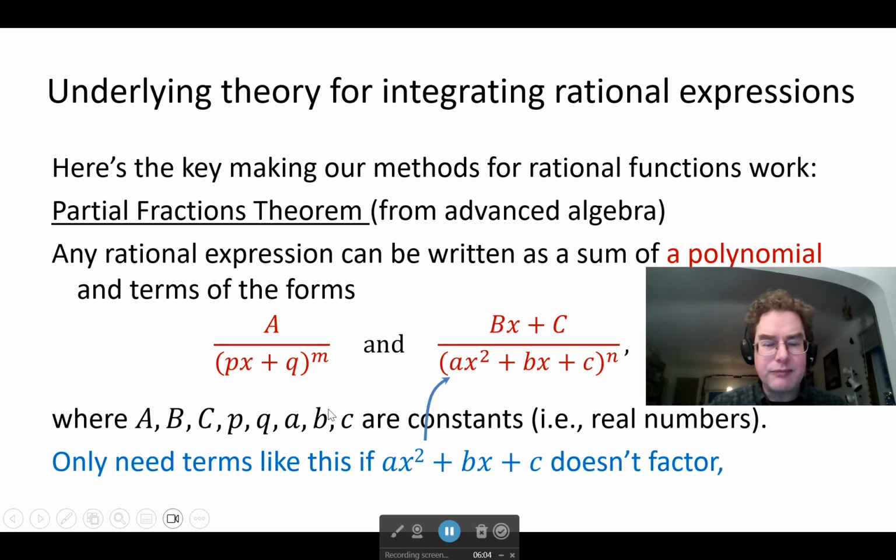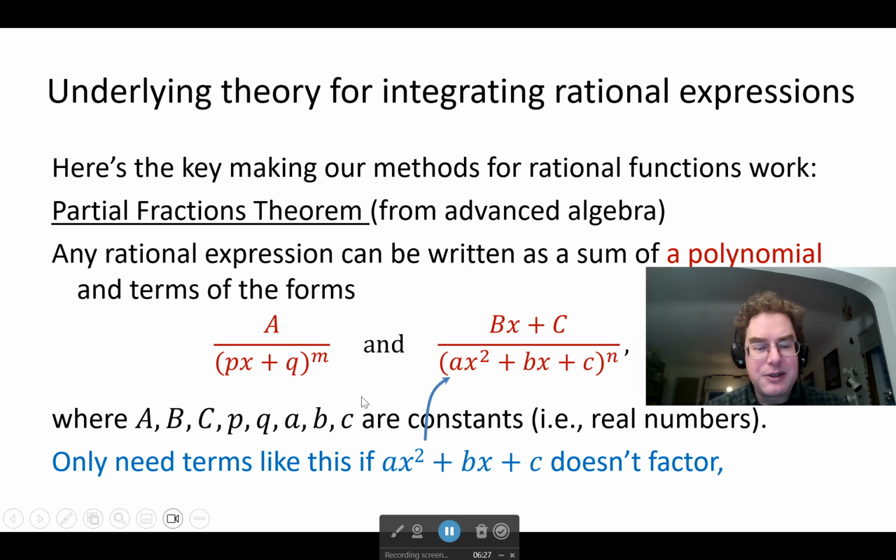Okay. Now, that third type of term, the one that I mentioned as being relatively trickier compared to the other two, a lot of times you don't even need that. Where it does come into play is if you get an expression of the form ax squared plus bx plus c that cannot be factored into a product of two linear polynomials.